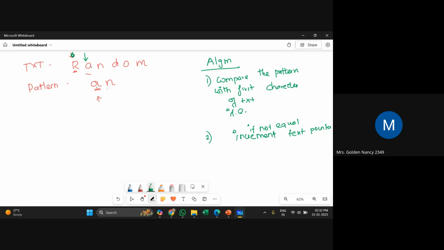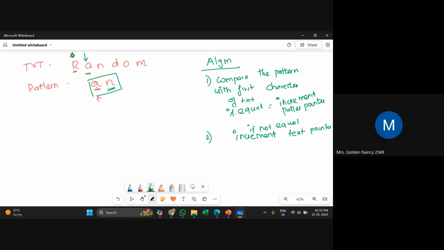If they are equal, what do you have to do? If A and A are equal, then you have to increment the pattern pointer, because I should not stop my comparison only with the first letter. I have to compare whether this letter is also available in the text, because I have to match this entire string with the string from the text.